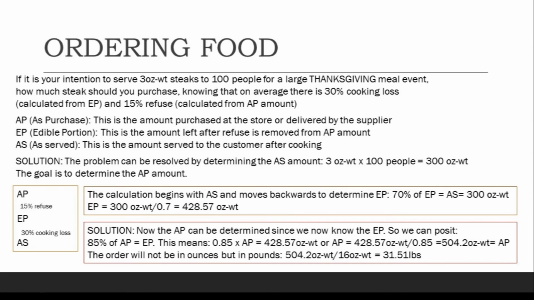The calculation begins with 70% of the EP is equal to the AS, correct? And we know that the AS is 300 ounce weight, so we have, therefore, 70% of EP equals 300 ounces, or in other words, 0.7 times EP equals 300 ounces, or in other words, EP is equal to 300 ounces divided by 0.7, which is 428.57 ounces.